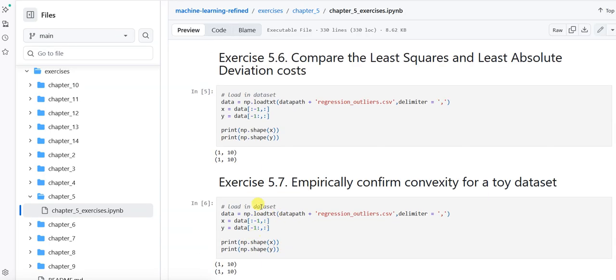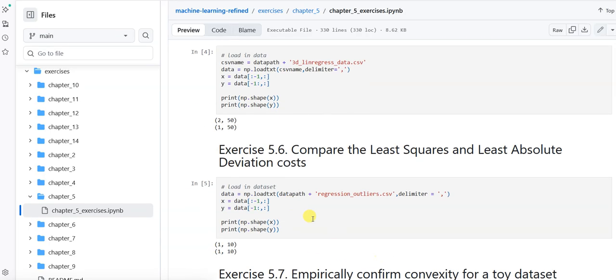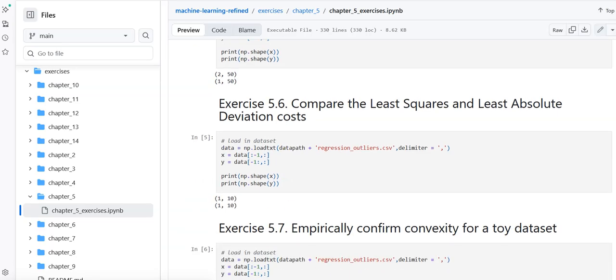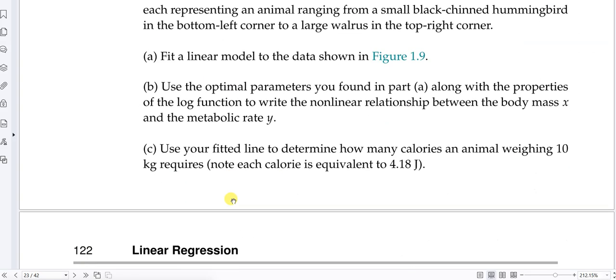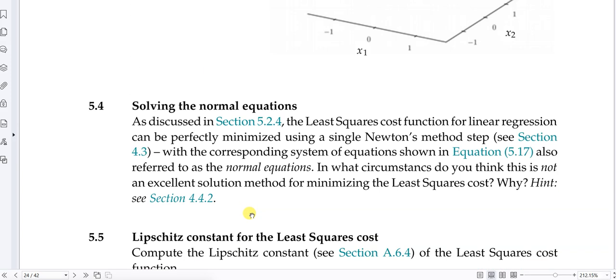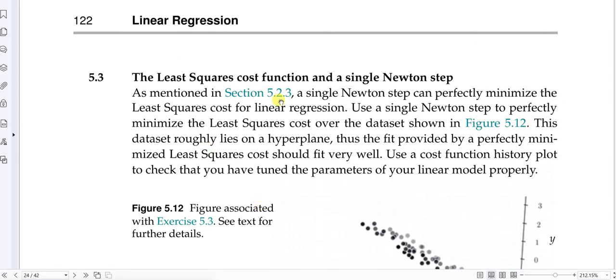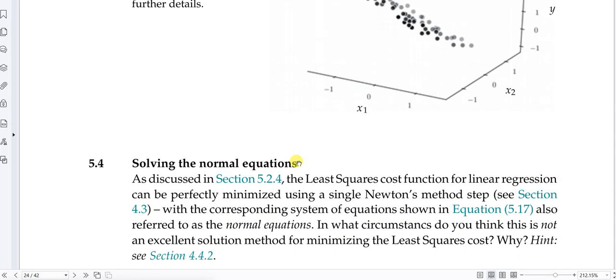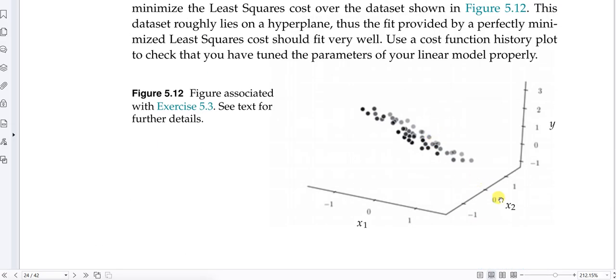Similarly here, the sixth one, what is the question here? The third one is also the least squares cost function and a single Newton step, the same. Here x1 and x2 two inputs were given, one output were given.